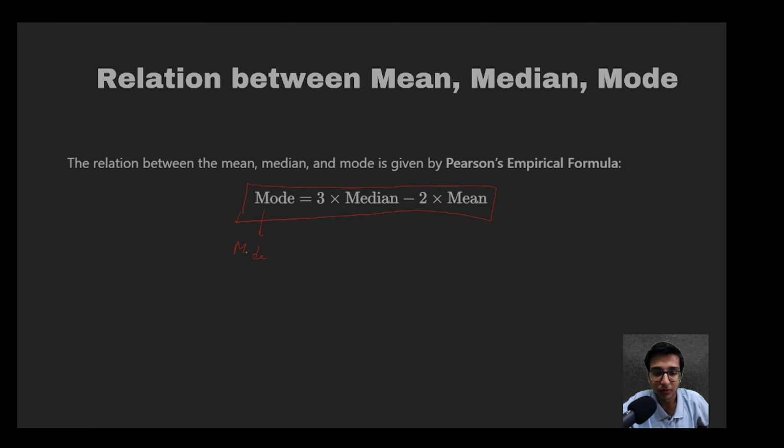There is no notation to representing mode. Median is generally represented by capital M and mean is represented by mu or X bar. These are the two notations of mean. So you need to remember this thing. So mode is equal to 3M minus 2 mu. You need to remember this formula. Sometimes JEE asks questions about the relationship of mean, median and mode.